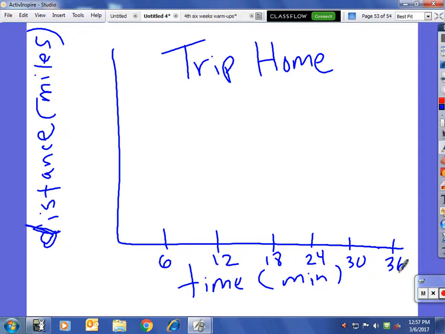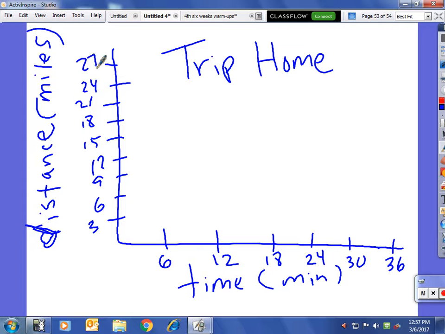Now, let's talk about the range values. What's the lowest range value? 0. What's the highest range value that makes sense here? 27, because that's as far away as he ever was from home. What do we want to count by then? 3 sounds good to me. 3, 6, 9, 12, 15, 18, 21, 24, 27.